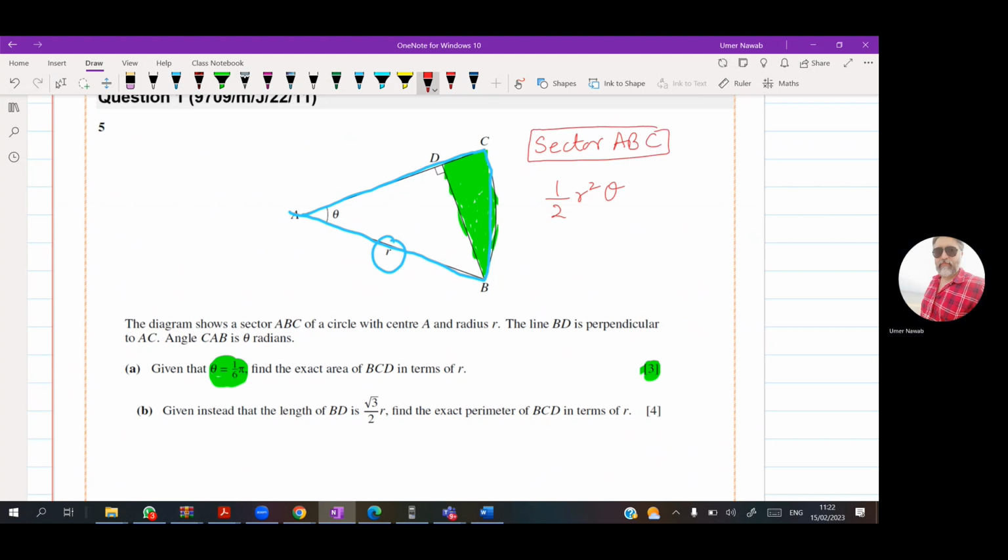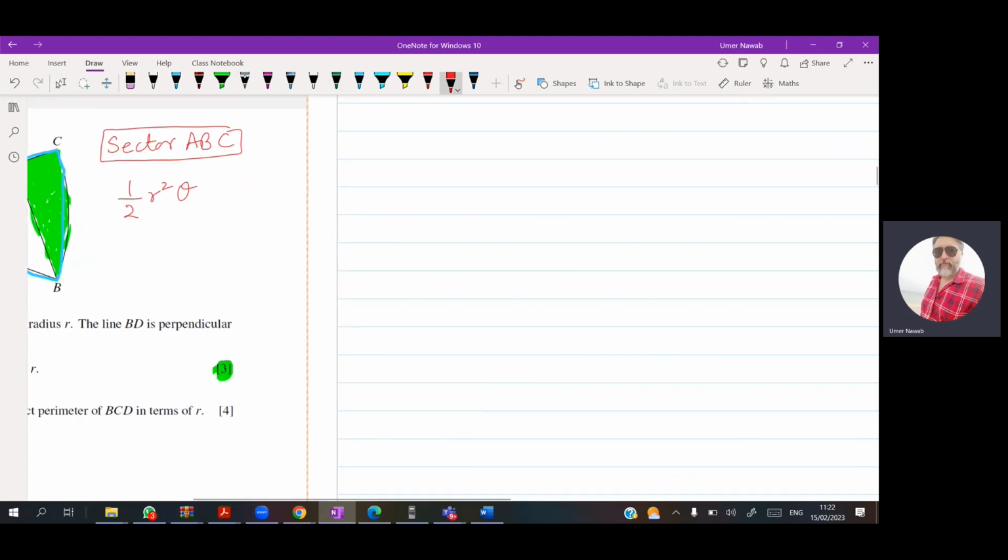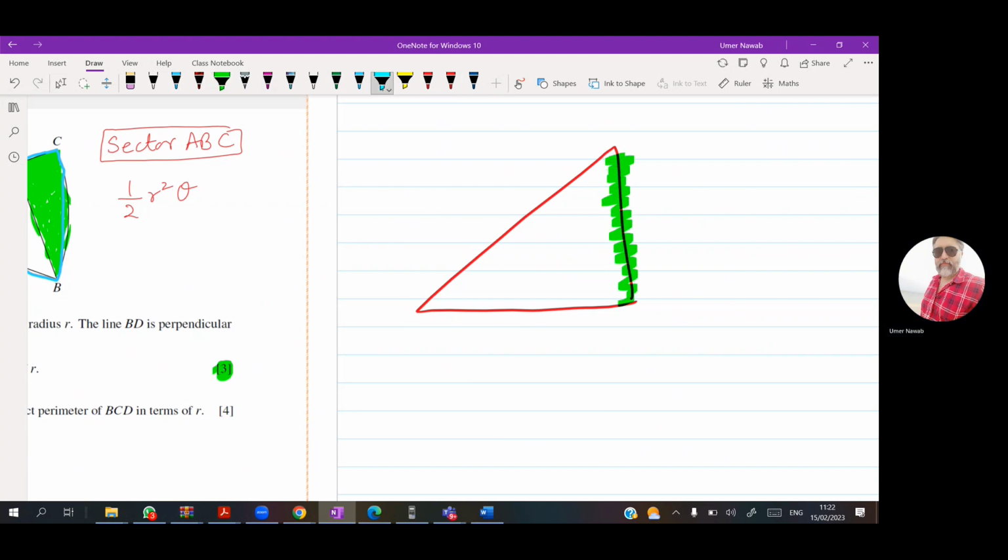Done. Now, what about the area of right angle triangle ABD? Go back to mechanics. Mr. Omar has taught you how to find the perpendicular, that is the opposite, and the adjacent if I give you R and theta.